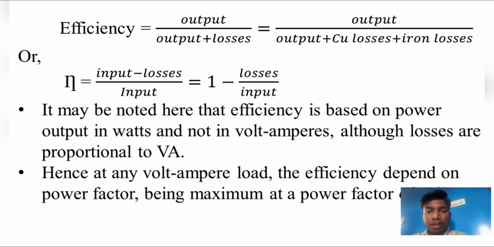It may be noted here that efficiency is based on power output in watts and not in volt amperes. Although losses are proportional to VA, at any volt ampere load the efficiency depends on power factor, being maximum at a power factor of unity.